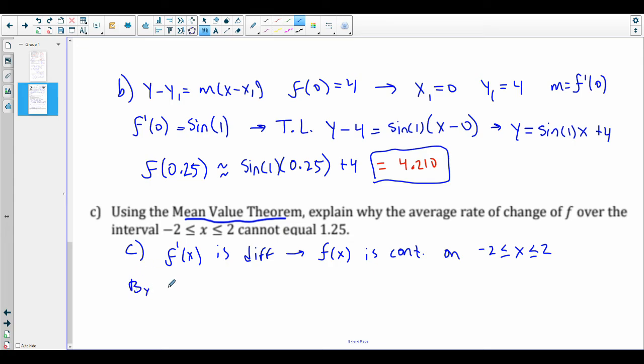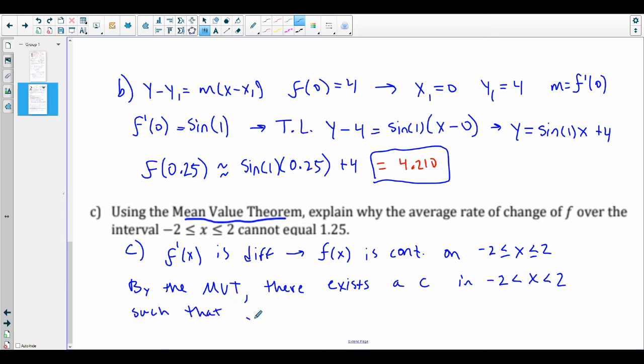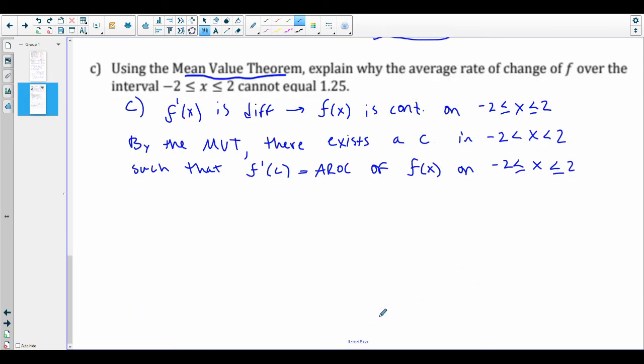So by the mean value theorem, there exists a c in the open interval from -2 to 2, such that f prime of c is equal to the average rate of change of f on the closed interval.